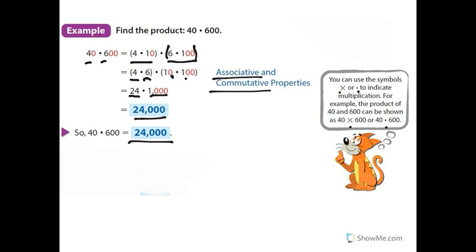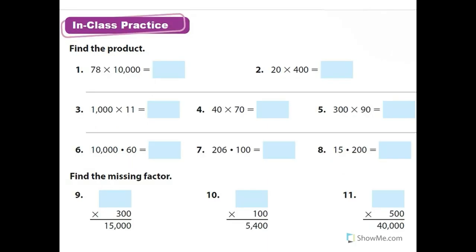So with that understanding, let's do some in-class practice. I am going to do number 1 with you, and I want you to do number 2 on your own. All right, so 78 times 1, we've got 78, and 1, 2, 3, 4 zeros. Go ahead, complete number 2, and then we'll go over it.